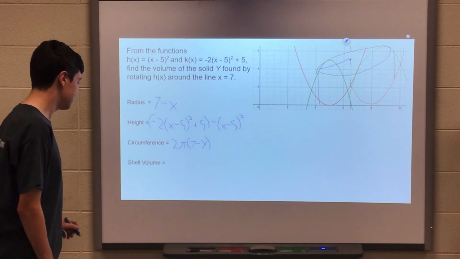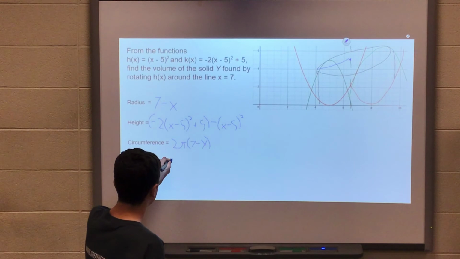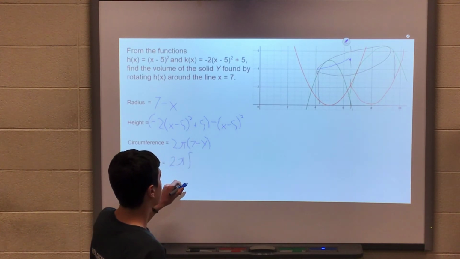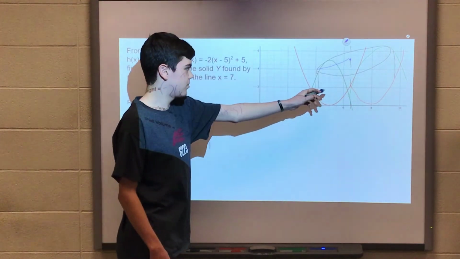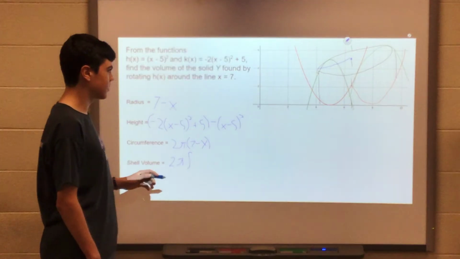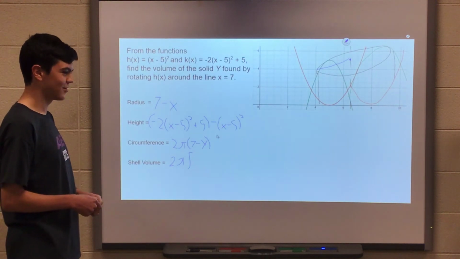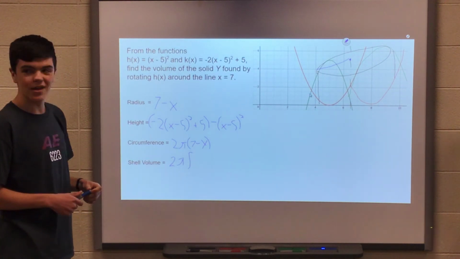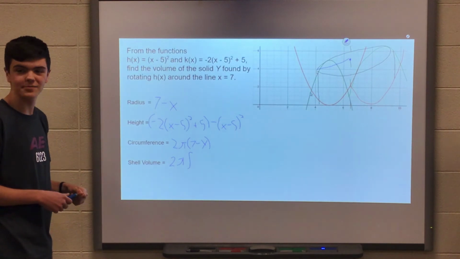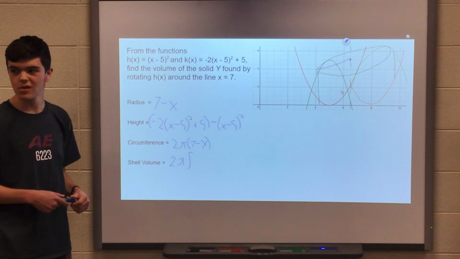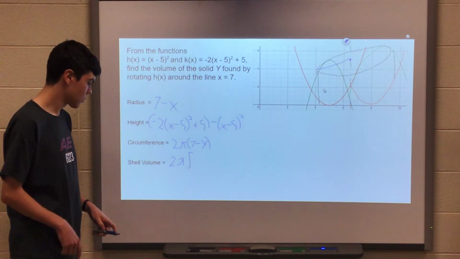And then the shell volume is going to be 2 pi times the integral from your left bound to your right bound. So if someone could plug those functions in and find the bounds, because it's some decimal. So we have to find these intersections, and only for the original figure, correct? Yep, the lower and upper bounds always come from the original figure.